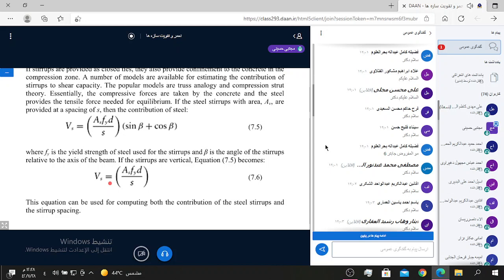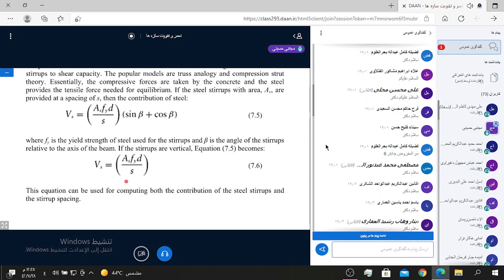You can use this summary equation, and it is simpler because your stirrups are vertical, okay? And this equation you can use to compute the contribution of steel stirrups and stirrup spacing. This is very important.